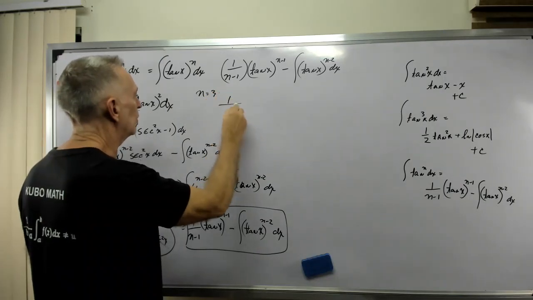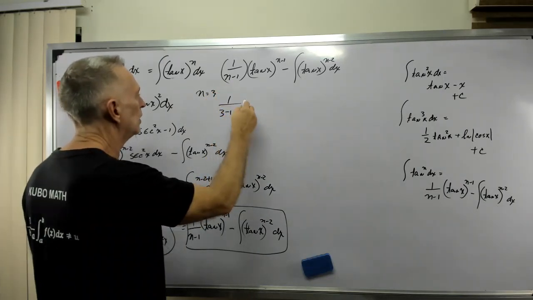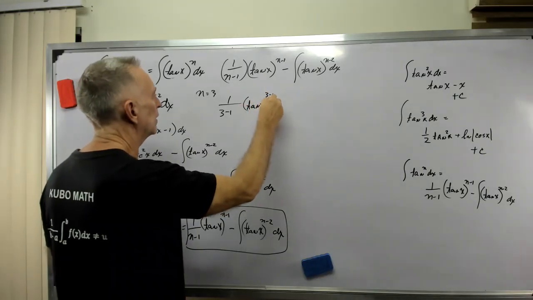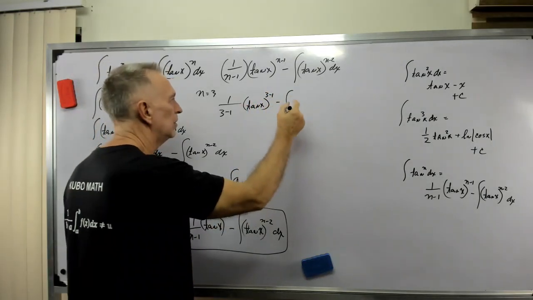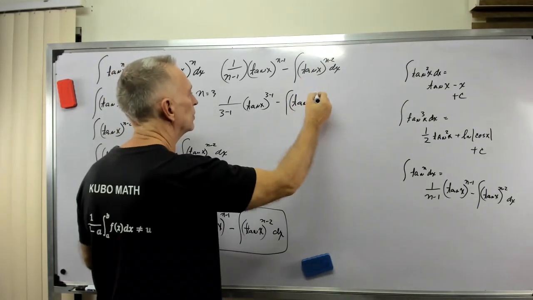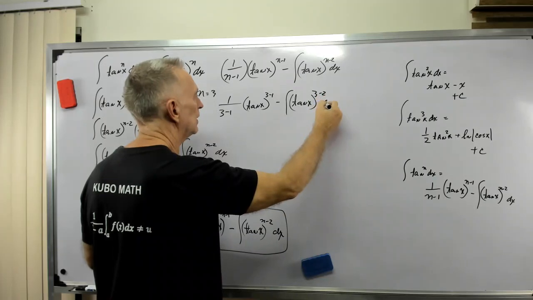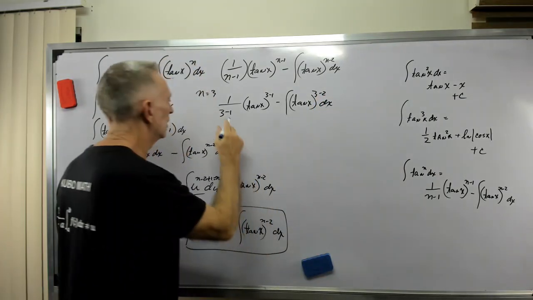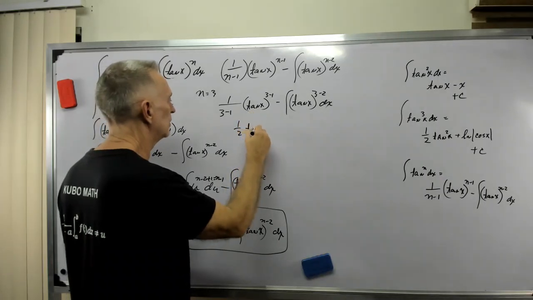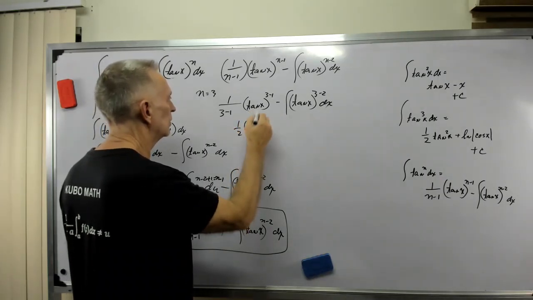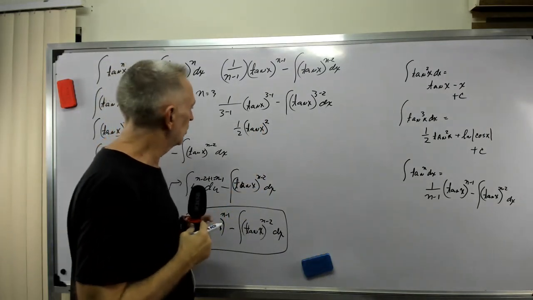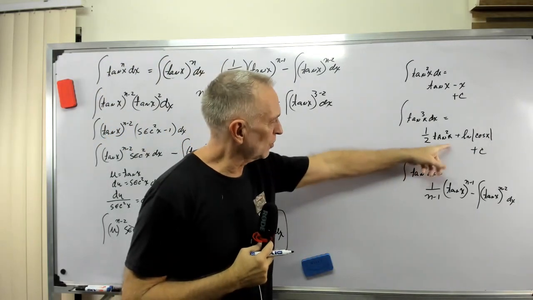Alright, so we have 1 over 3 minus 1 tangent x to the 3 minus 1, minus the integral of tangent x to the 3 minus 2 dx. Alright, so 3 minus 1 is 2, so I have 1/2 tangent x squared.